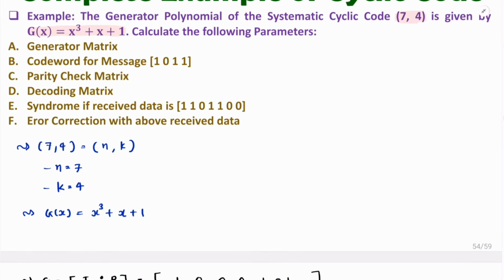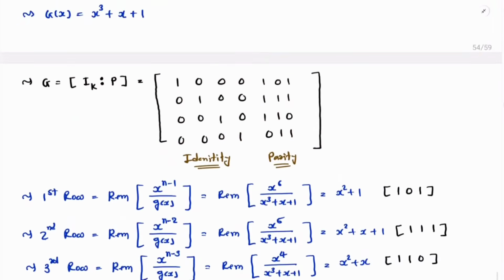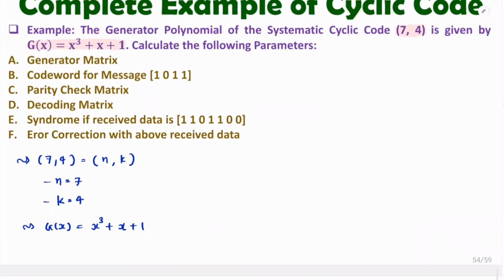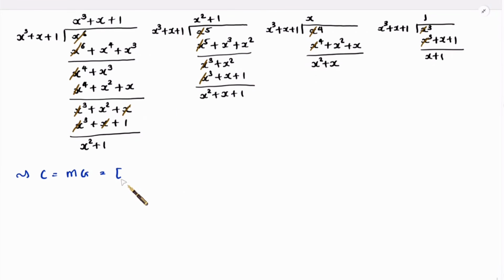So here we need to understand the code word for the message 1011. Let me explain that. So if you want to identify the code word, then one should know the code word C, that is a multiplication of message and generator matrix. Here, what is the message? See, the message is 1011.